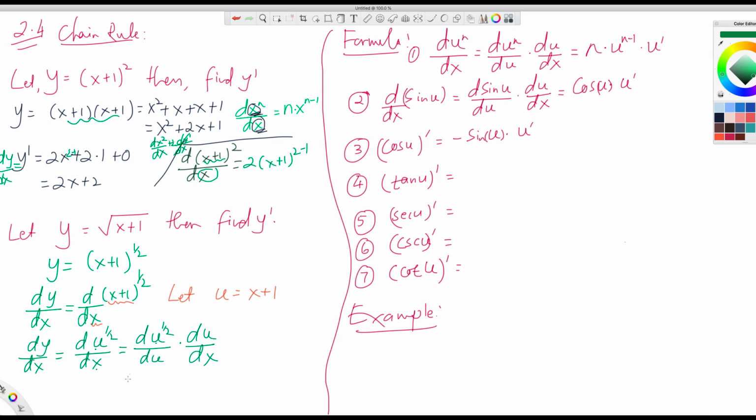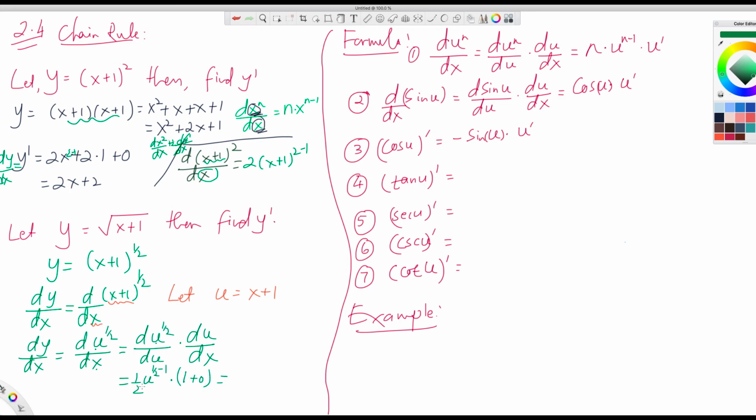Now, what is the derivative of that? You use the power rule: 1/2 u to the 1/2 minus 1, times the derivative of u with respect to x. You find the derivative of x and 1 separately. The derivative of x is 1, the derivative of 1 is 0, so that is just 1 plus 0.